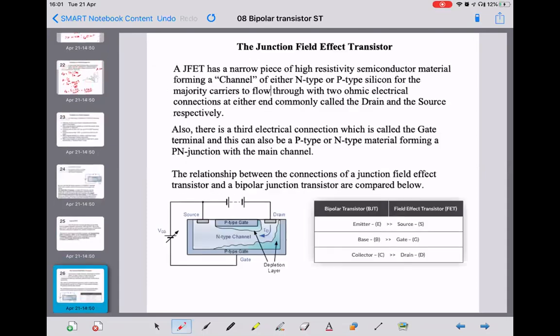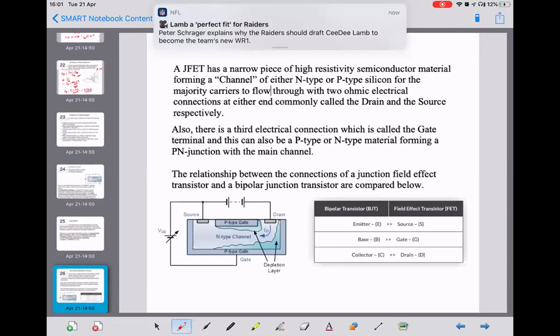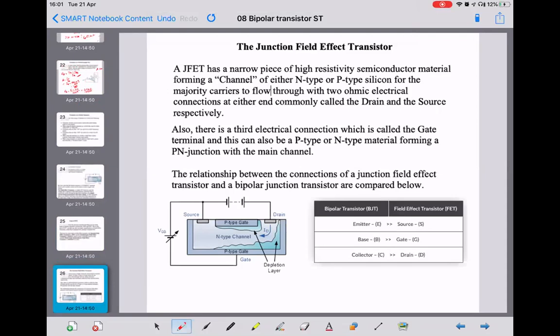So, the junction field effect transistor. What it has is a narrow piece of high resistivity semiconductor material forming a channel of either N or P-type silicon material. In the diagram there, you've got one that's got an N-type channel. That stretches between what's called the source and the drain terminals.